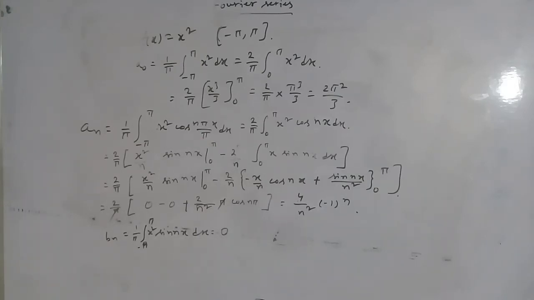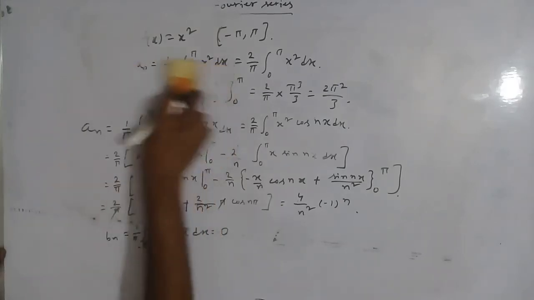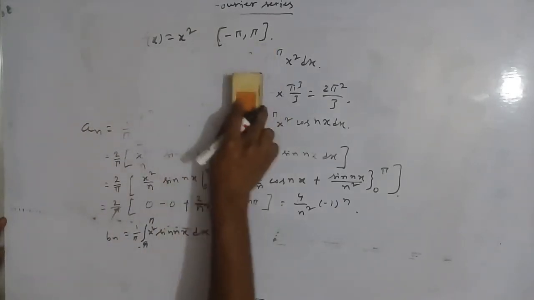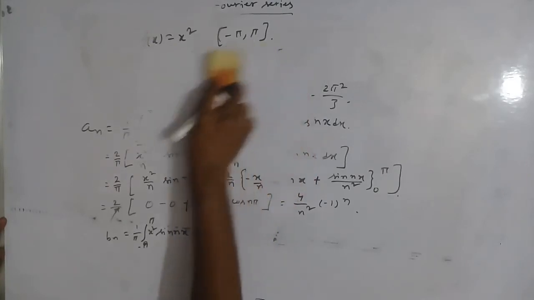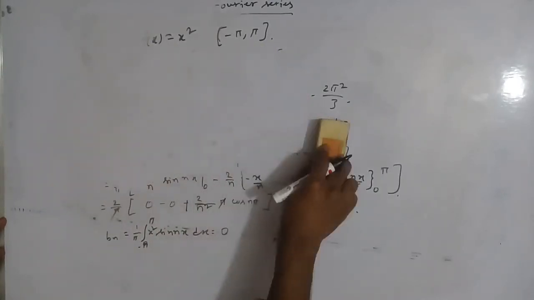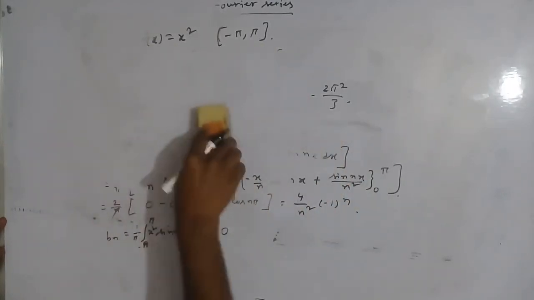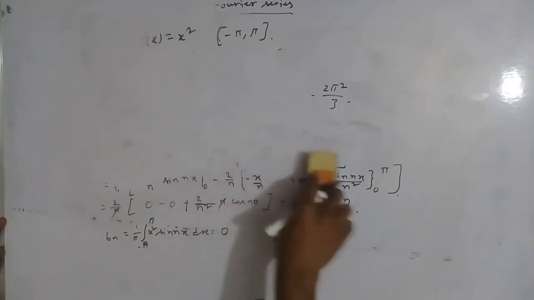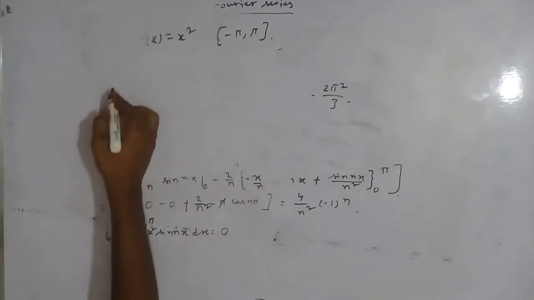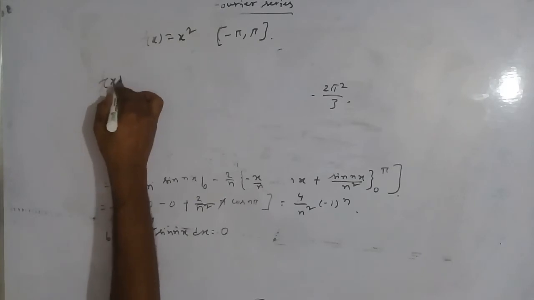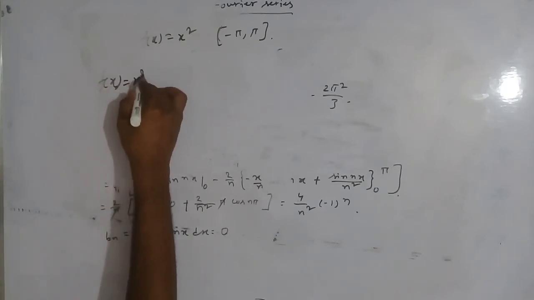Now we will write the Fourier series. So f(x) satisfies Dirichlet's conditions, hence a0 is 2 pi square by 3. So f(x), that is x square.